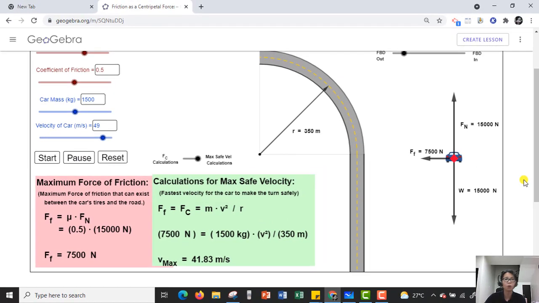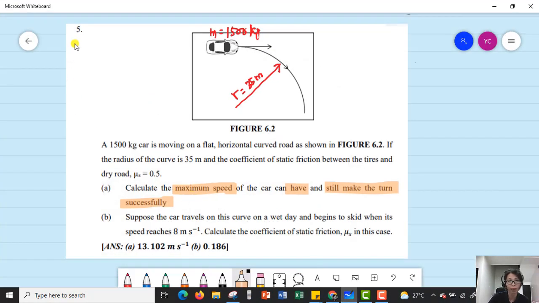So for a question like question 5, we want to find the maximum speed for the car to make the turn successfully. It means our static friction will be maximum, where it equals mv squared over r. So the maximum speed corresponds to the maximum static friction that is enough to provide the centripetal force that enables the car to make the turn.